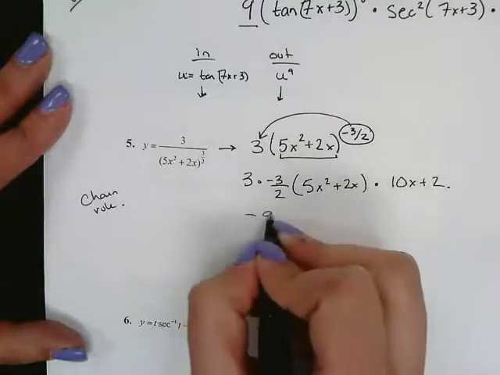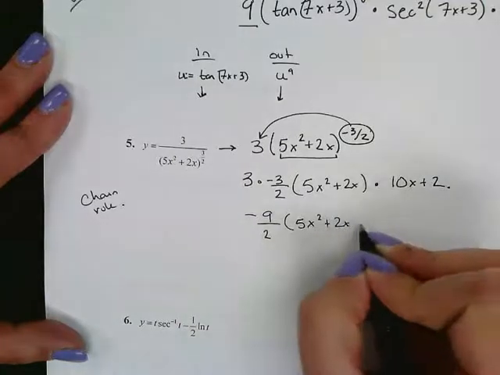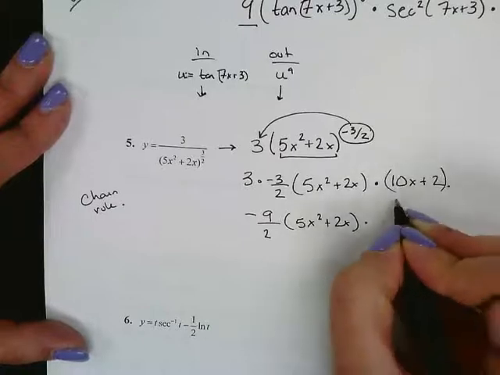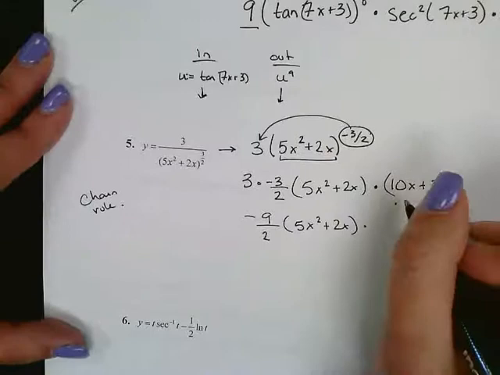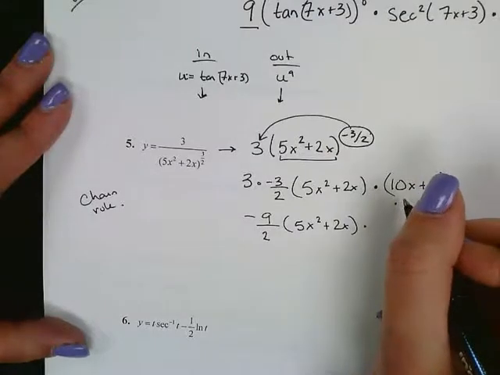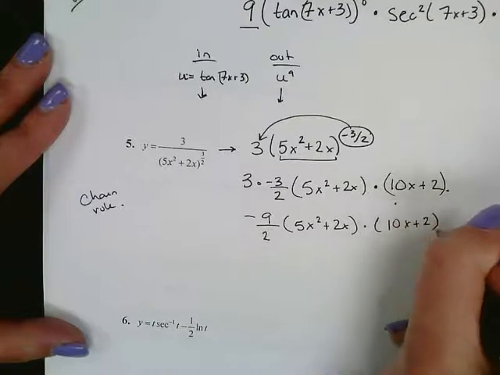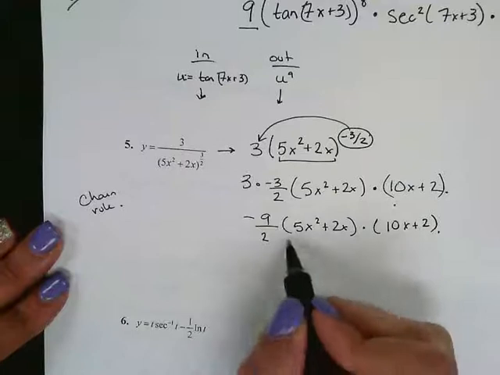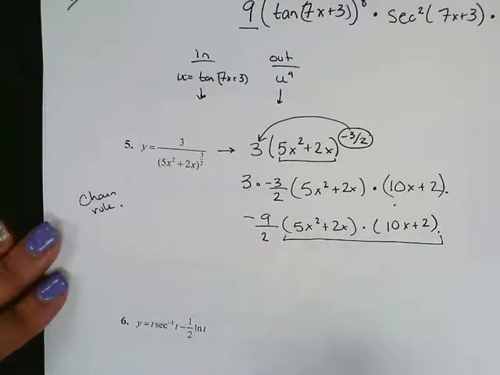And then when you clean this up, you got negative 9 halves, 5x squared plus 2x, sorry, I forgot to put that in parentheses, times 10x plus 2, and you can FOIL this out. Basically FOIL these two parts out and then distribute that negative 9 halves to end up with your y prime.